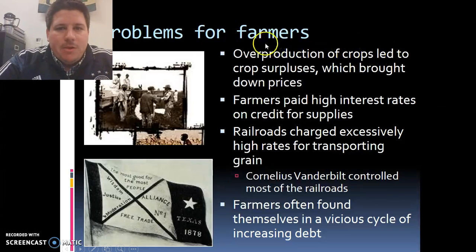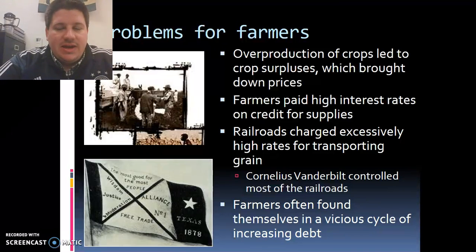First of all, overproduction of crops led to something called crop surpluses, which brought down the prices. So farmers were producing too many crops, and this excess of crops in the market caused the value of the crops to go down.